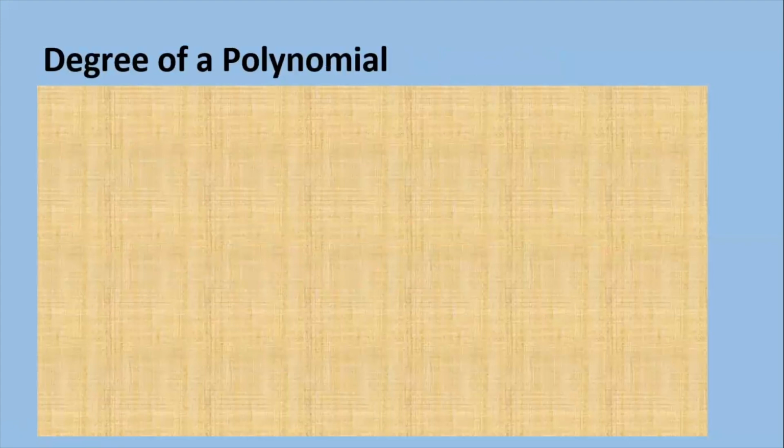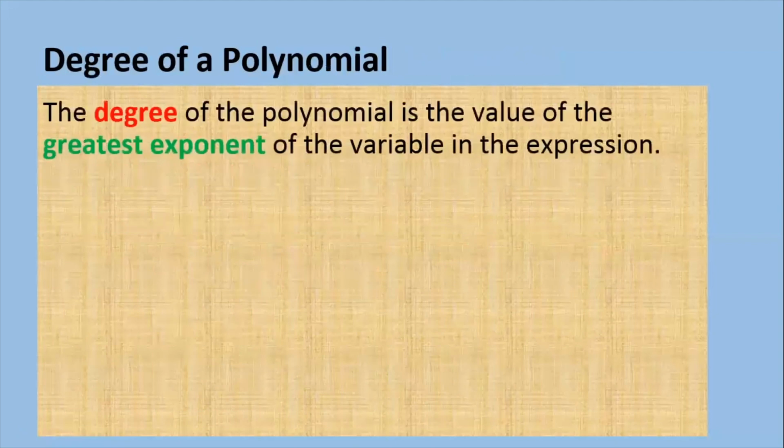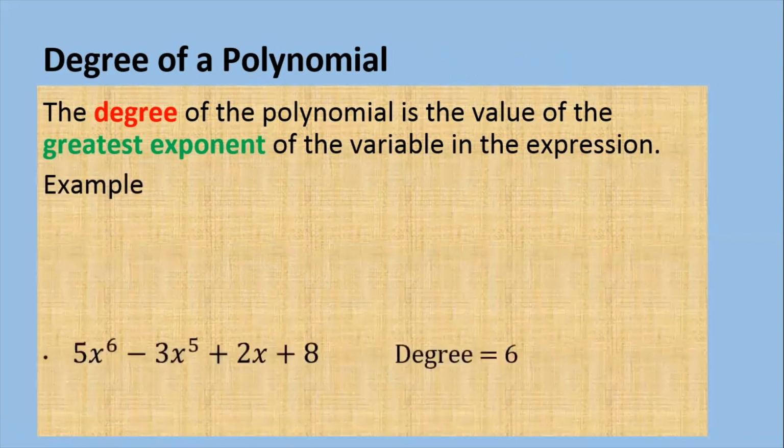Now, what do we mean by the degree of a polynomial? Well, the degree of a polynomial is simply the value of the greatest exponent or the greatest power of the variable in the expression. What do we mean by that? Let's take an example. It will be easier for you to understand.